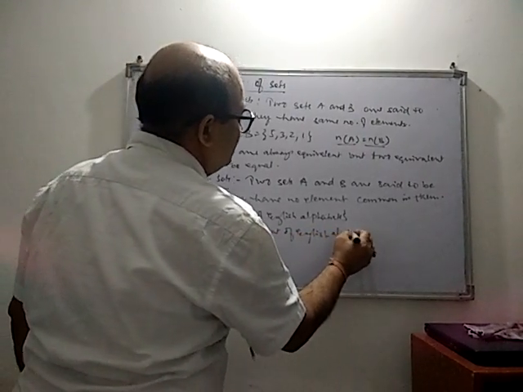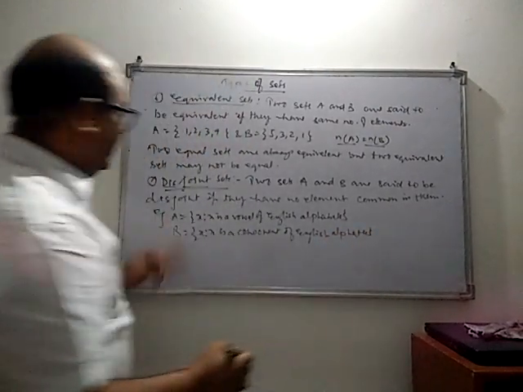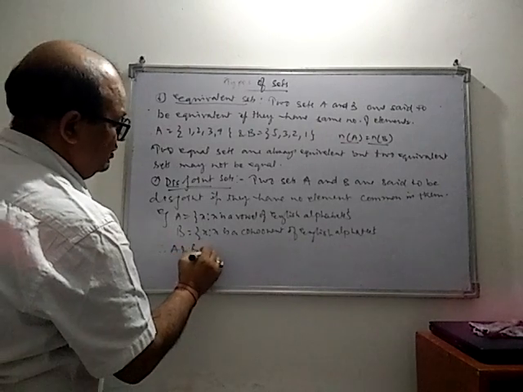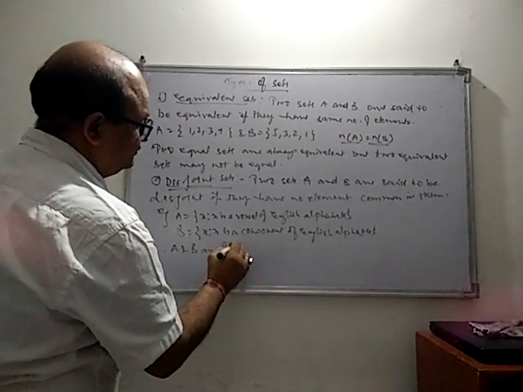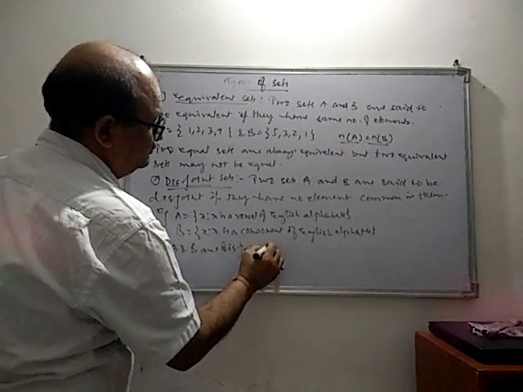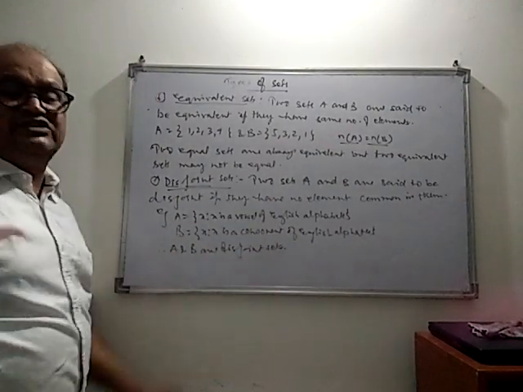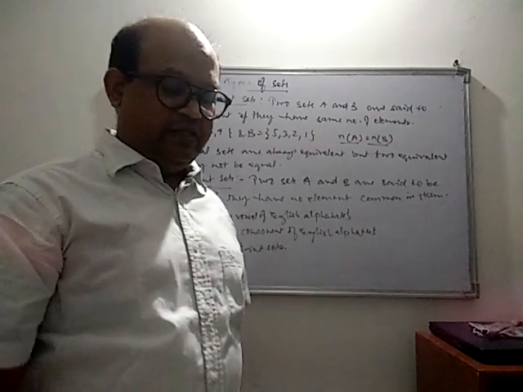Here there are no elements common in A and B. Therefore, A and B are disjoint sets, since they don't have any element common in them.